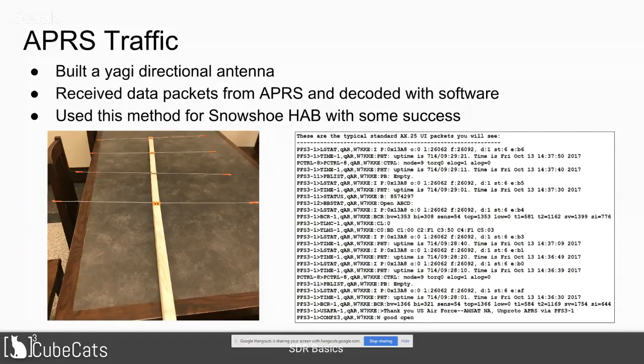A lot of weather stations use APRS to broadcast their data. We used this method with the snowshoe HAB, and we had some success. We were only able to decode a couple packets, but that was a fun experiment.